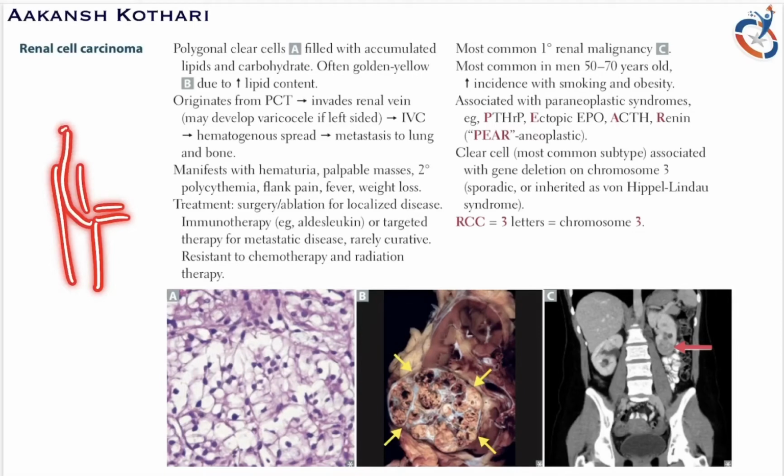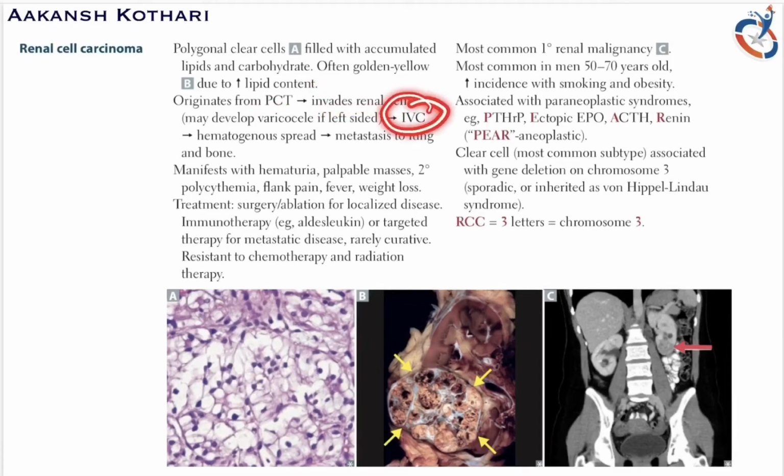Through the inferior vena cava, it leads to hematogenous spread, or spread through the blood, and the carcinoma metastasizes to the lung or the bone. Is it clear? So, it originates from the proximal convoluted tubule, invades the renal vein, then the inferior vena cava, and through hematogenous spread, it metastasizes to lung and bone.